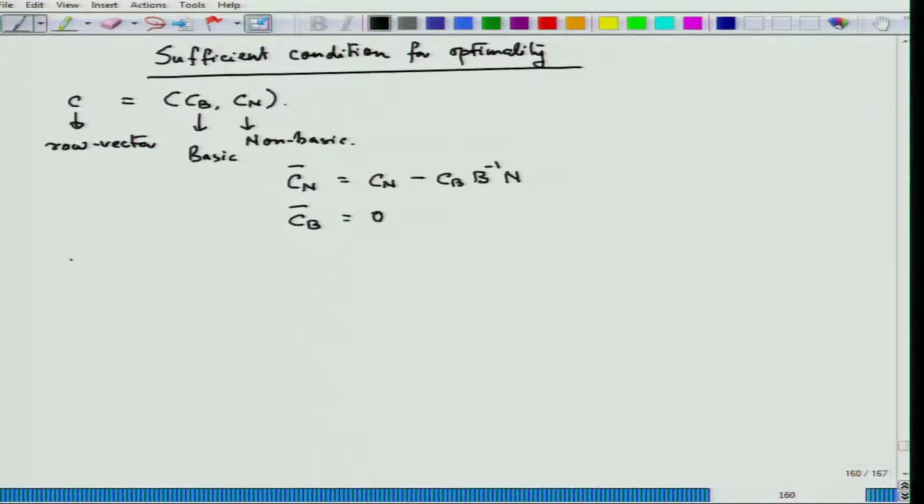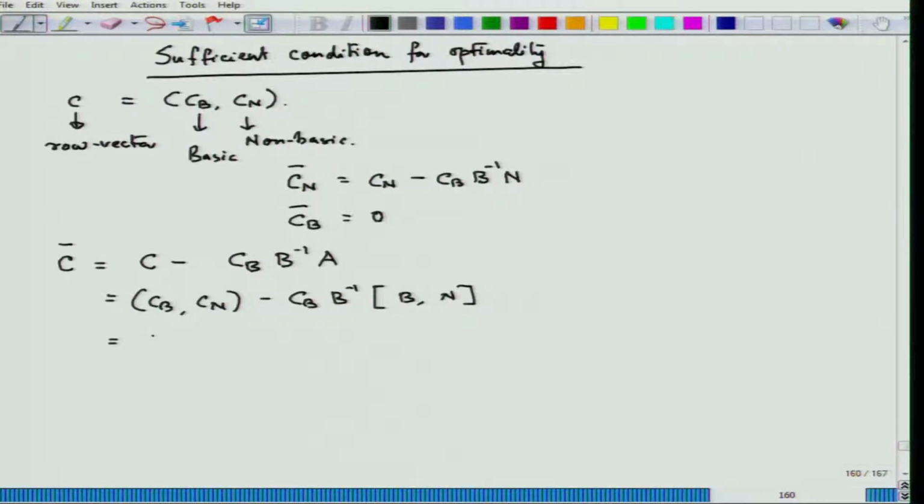How? Because you see I can write my total reduced cost coefficient as C minus CB B inverse A. So, this can be written as above, CB Cn minus CB B inverse A divided into B and n. So, this can be done through simple matrix manipulations.